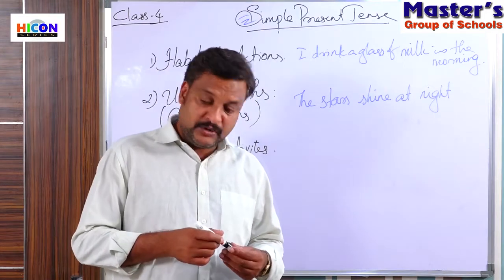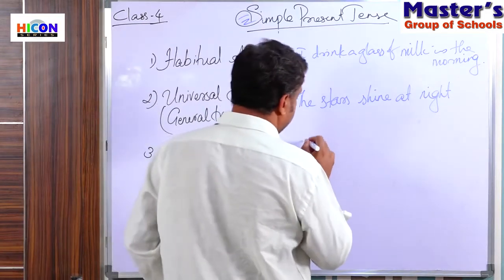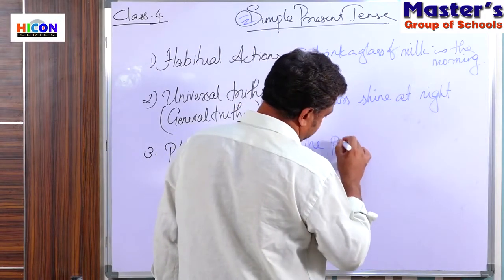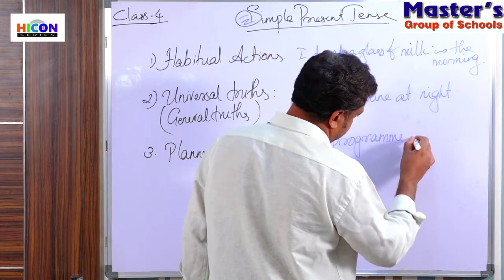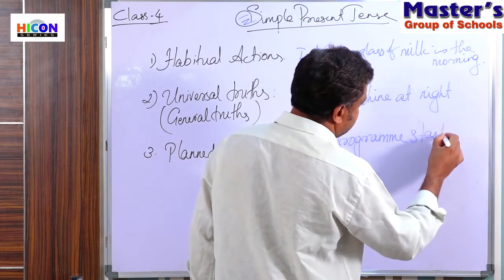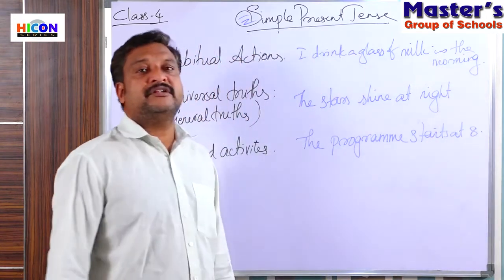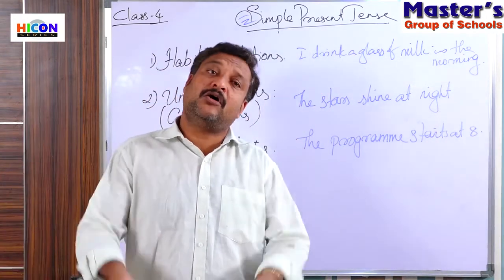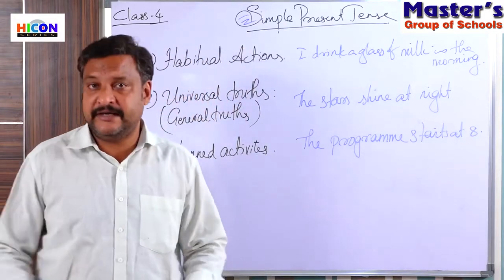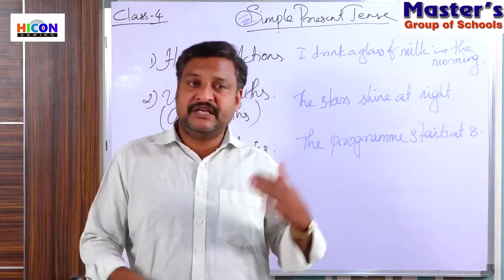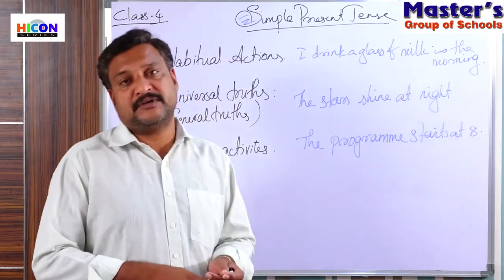So, we say the program starts at 8 o'clock, isn't it? Means it's planned. We have already planned that the program will start at 8 o'clock. Alright? So, these are some of the situations where we use the simple present tense.